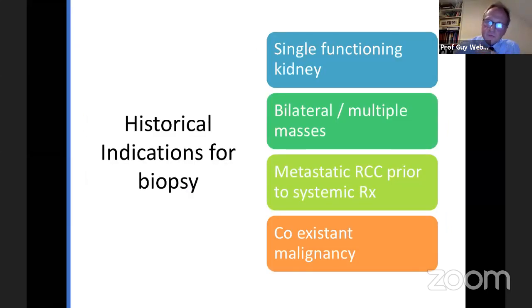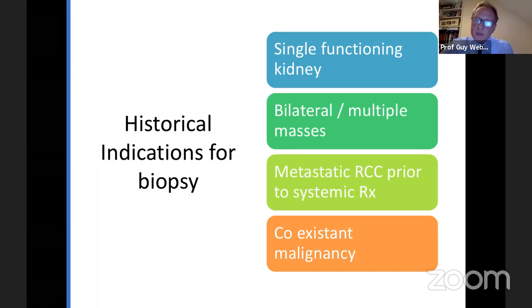Now, to move on to the biopsy issue. Historically, we had not many indications for biopsying renal masses. Single functioning kidneys, whether anatomically single or functionally single. Bilateral or multiple masses. Patients who had metastatic disease prior to starting systemic therapy in the absence of a renal procedure, to get histology to see what the subtype was.